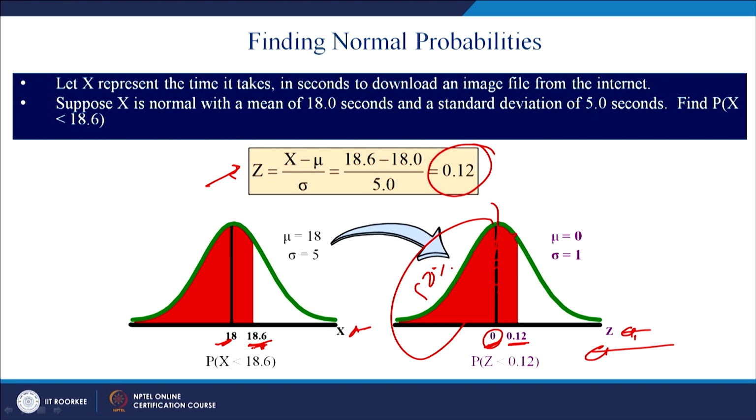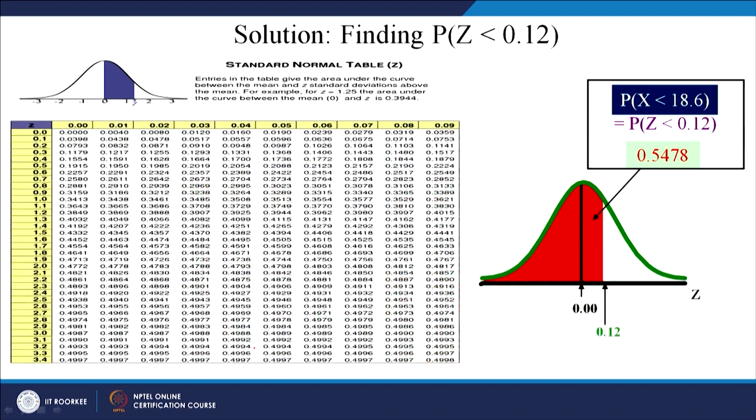Now what should we do? We should look at the z table and see what the area under the curve is when z is equal to 0.12. If you look at this table, the area is given from the middle of this distribution, not from minus infinity. So, z is equal to 0.12.